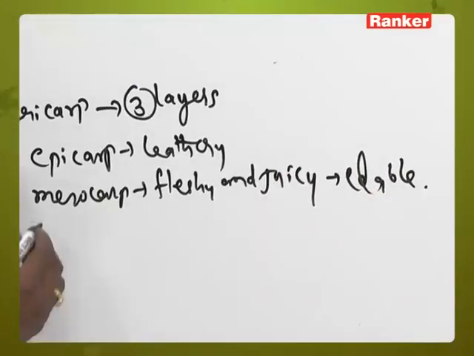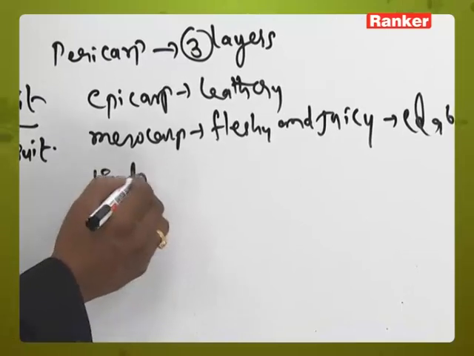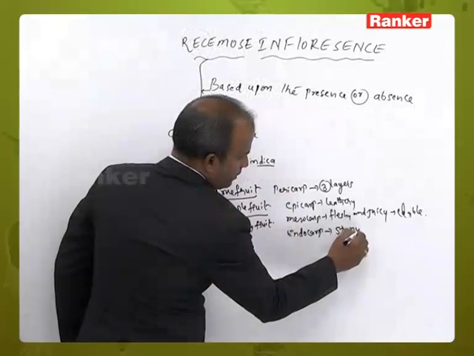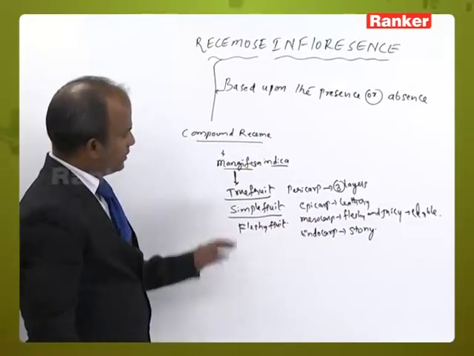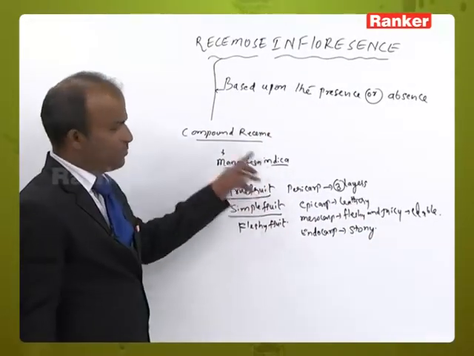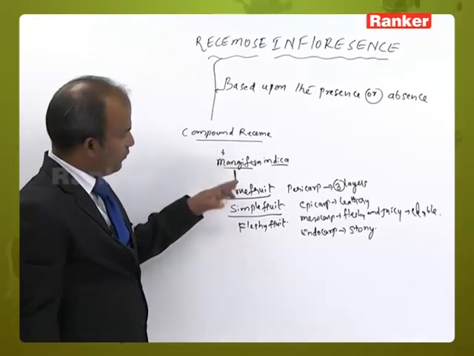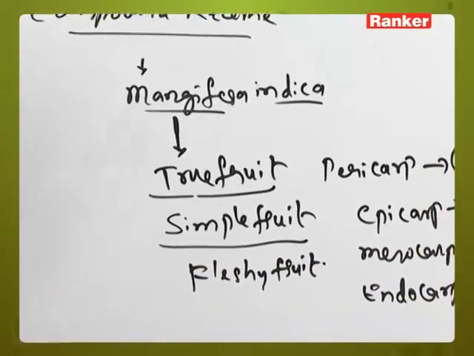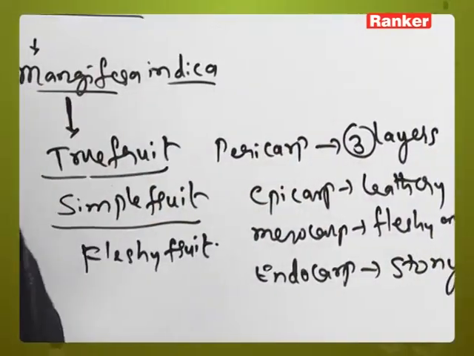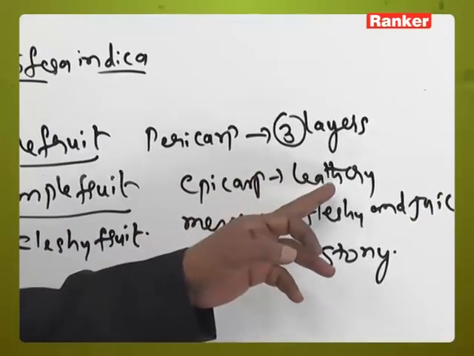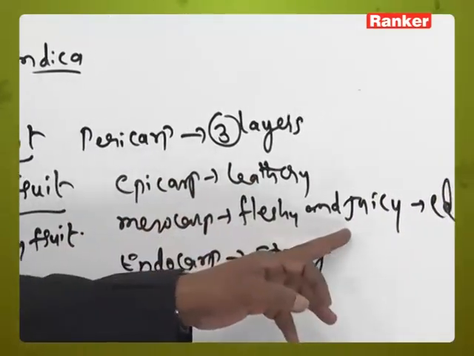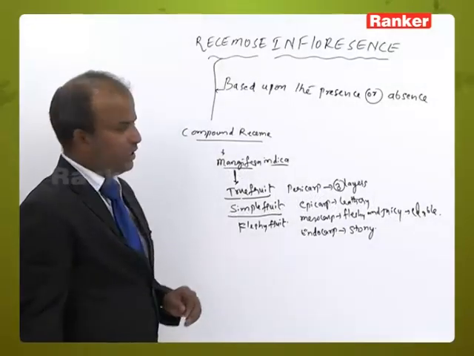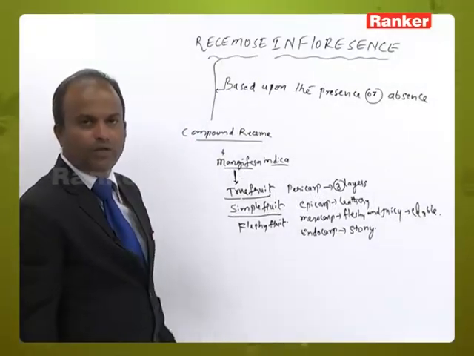Next, the endocarp, which is stony. In the first year syllabus, this is one of the examples for compound raceme, and Mangifera indica also belongs to true fruit, simple fruit, fleshy fruit, where the pericarp is differentiated into 3 layers: epicarp is leathery, mesocarp is fleshy, juicy and edible, and endocarp is stony. This is about compound raceme.